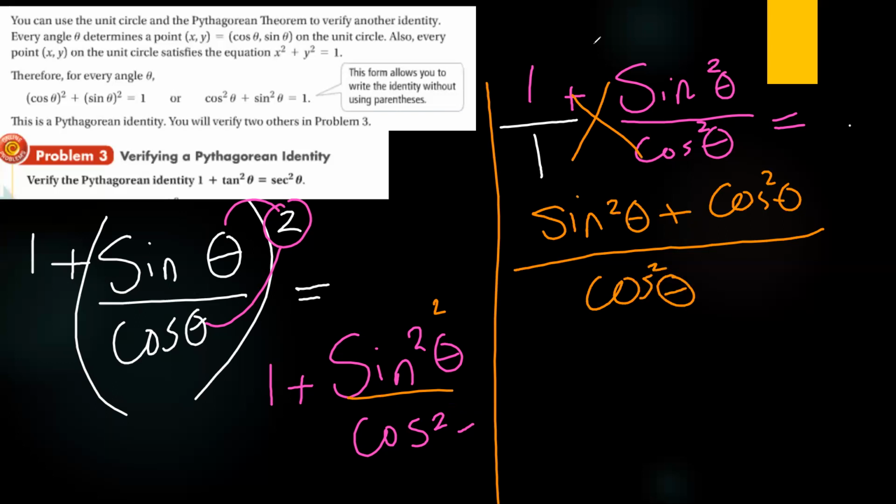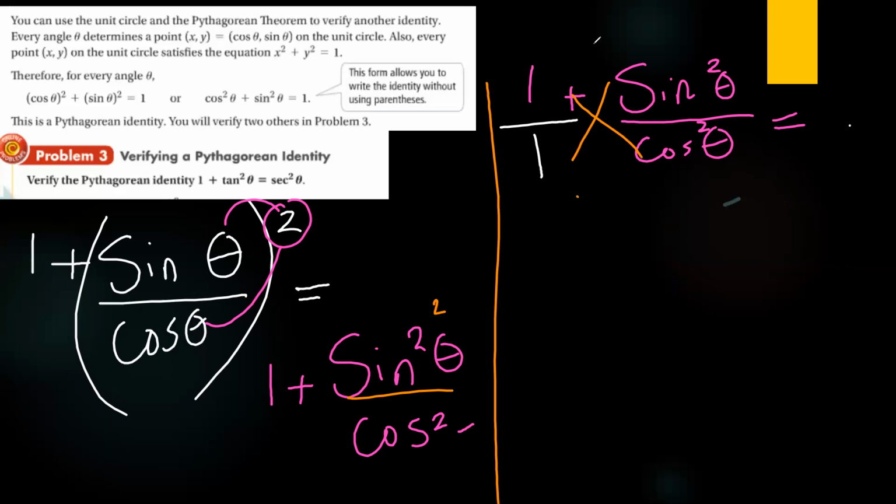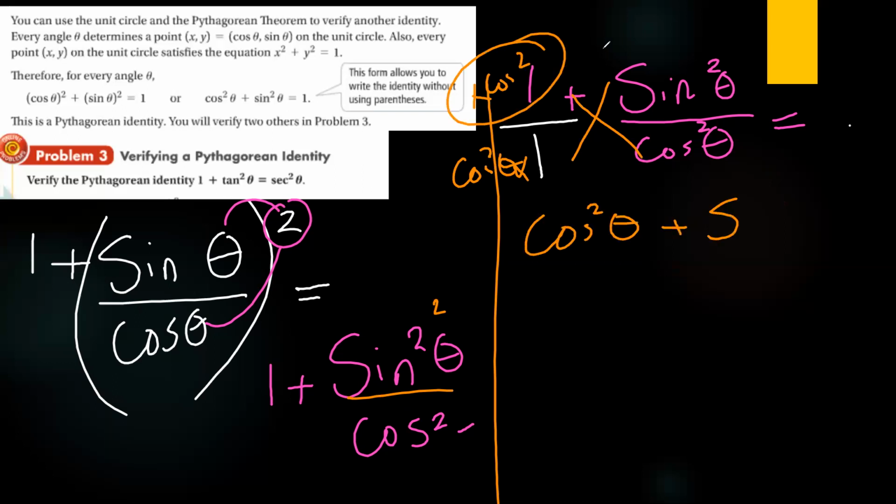Or as I told you, you can just multiply both of the denominators by cosine squared. Here you have 1, so you multiply it by cosine squared. Then 1 times cosine squared is cosine squared plus sine squared over cosine squared.